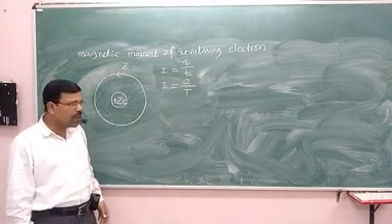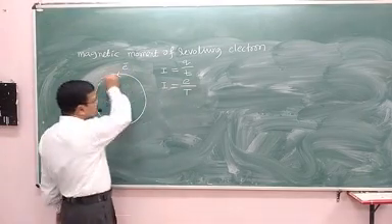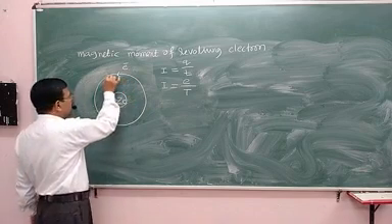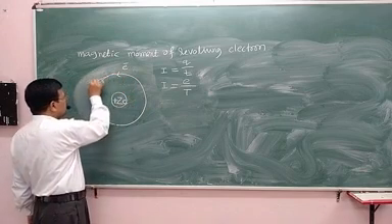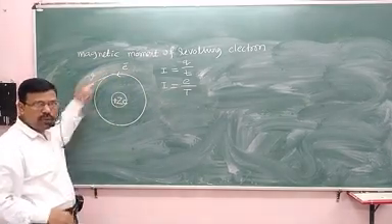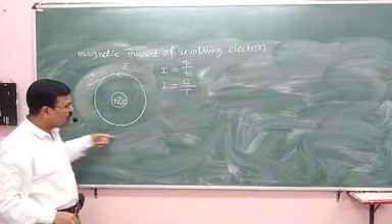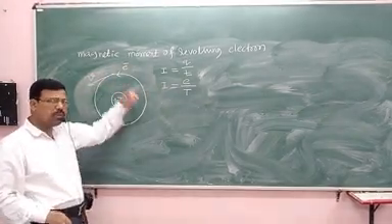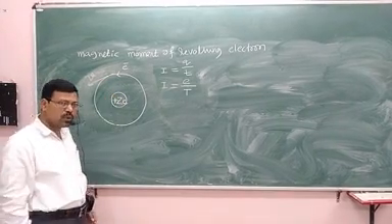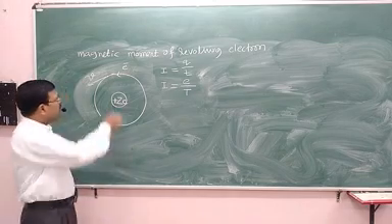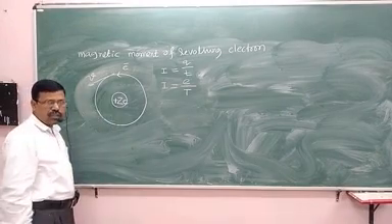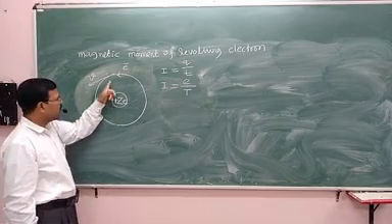And we know that the speed of this electron can be shown by drawing a tangent, which gives the direction of the linear velocity. Of course, since the electron is moving in circular motion, it will have angular momentum and angular velocity also. The direction of velocity is always shown along the tangent at a point.